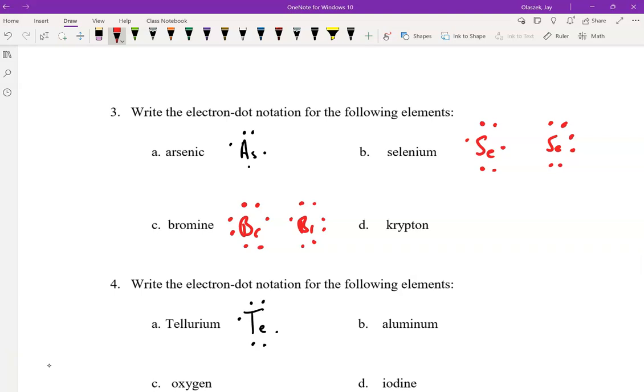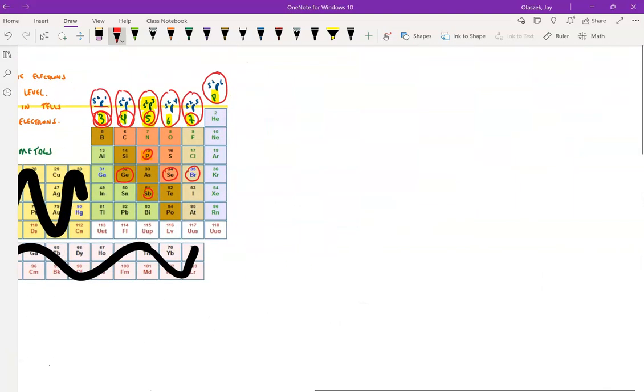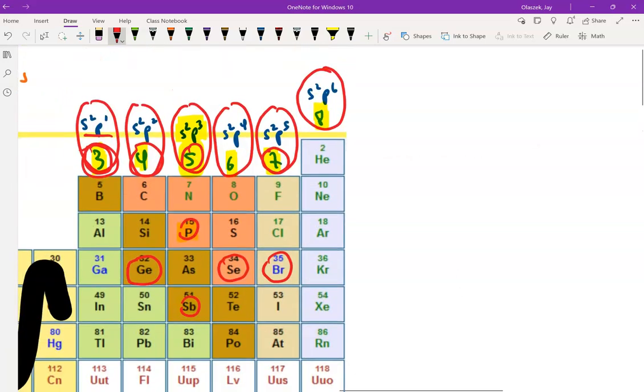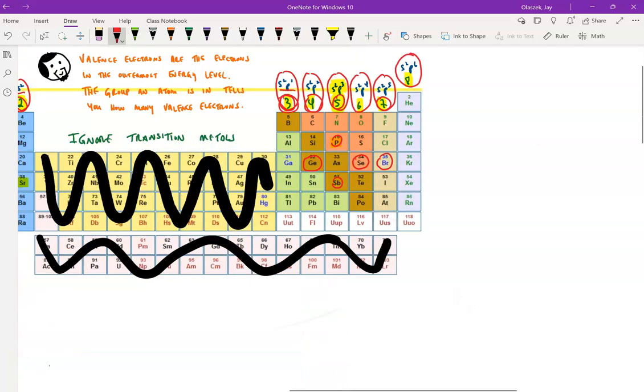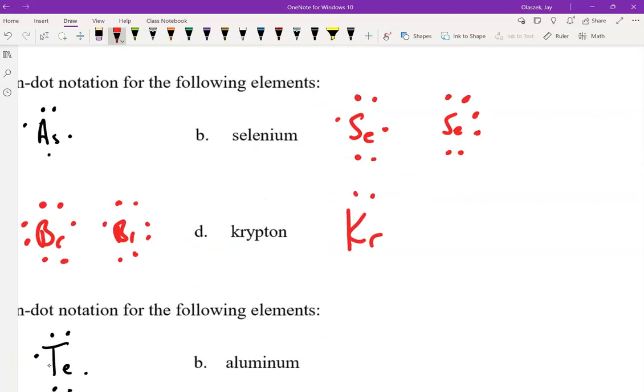Last one, krypton. Krypton is a noble gas. We find krypton in this new column that is now column 8. That means it has 8 electrons in the valence. I'm just going to fill up all the sides of this krypton so that it has 8 valence electrons.